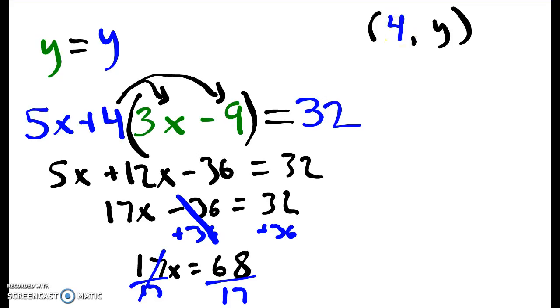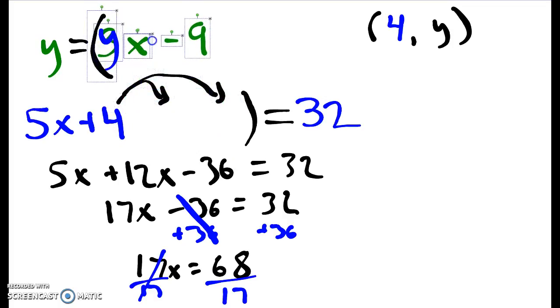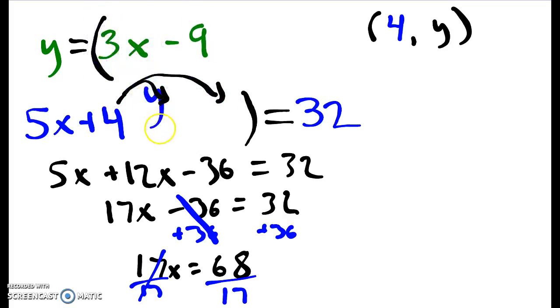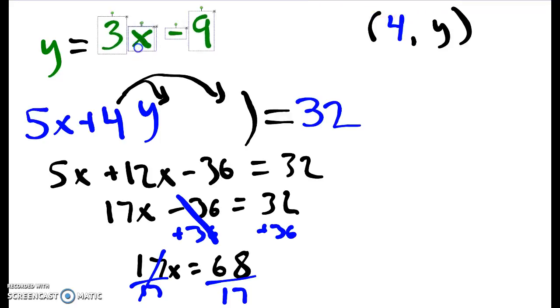So the nice thing is that, bringing this piece back, we know that since y equals 3x minus 9 in the first place, we can still just take this x, just like we substituted before.